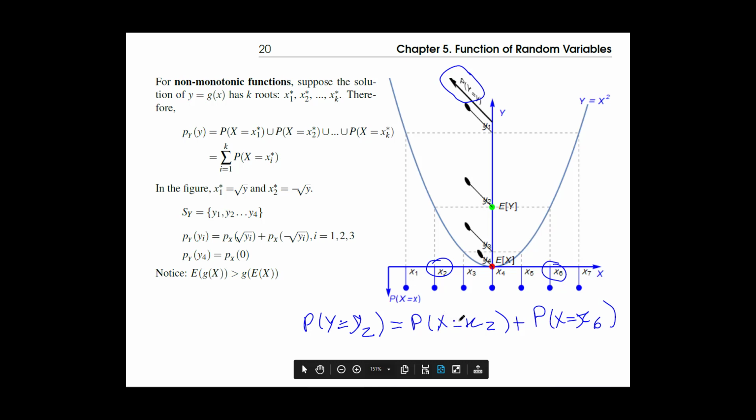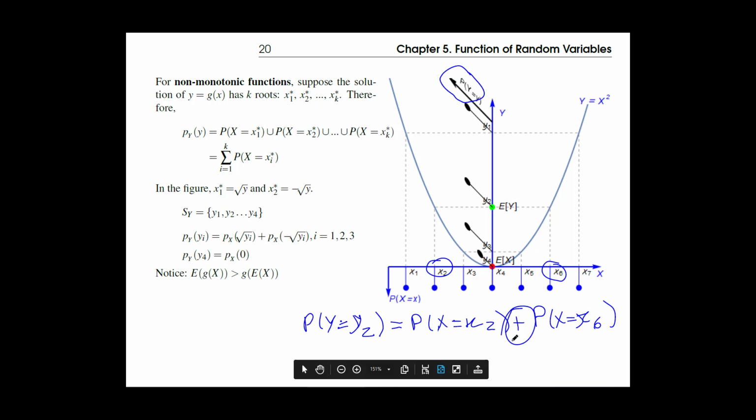And this should be equal here. That is a concept: when you have more than one root, we just add the probabilities.